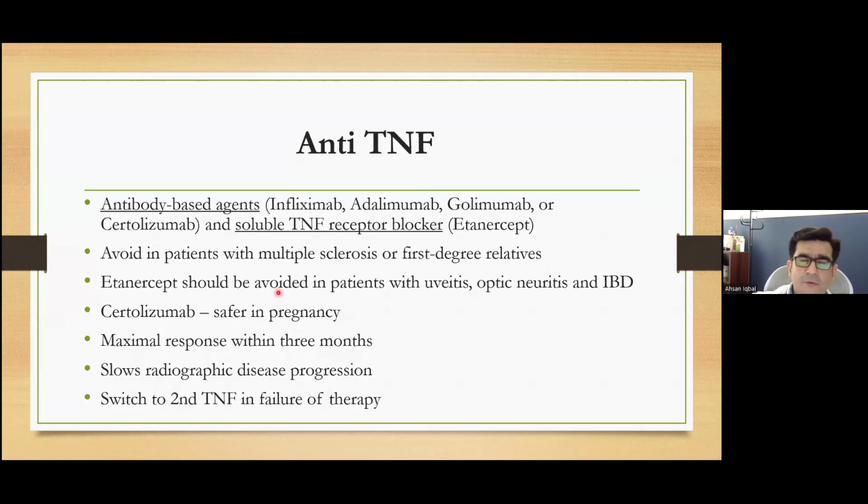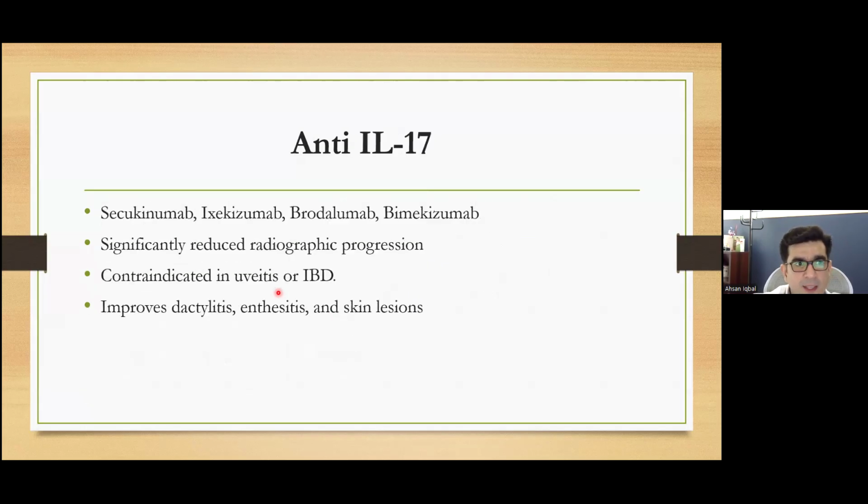We avoid it in patients who have multiple sclerosis or a first-degree relative with multiple sclerosis. Usually, we try two different types of anti-TNF therapy before we proceed to a different class of immunosuppression.